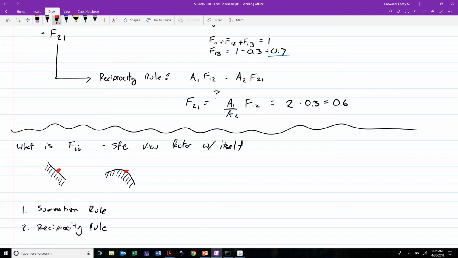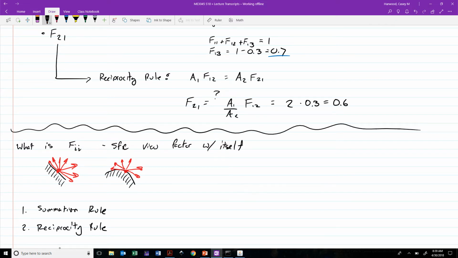In this case, it's questionable because you're at that limiting range, but remember that the projected area at a 90-degree angle is 0. And so for a flat or convex surface, energy leaving the surface does not impinge back on that same surface.